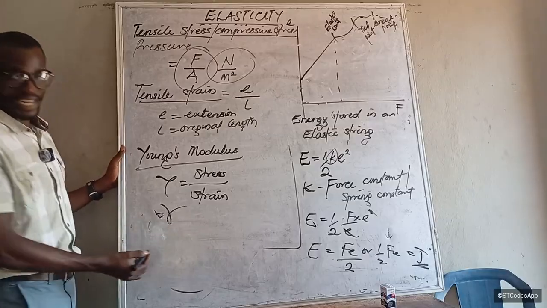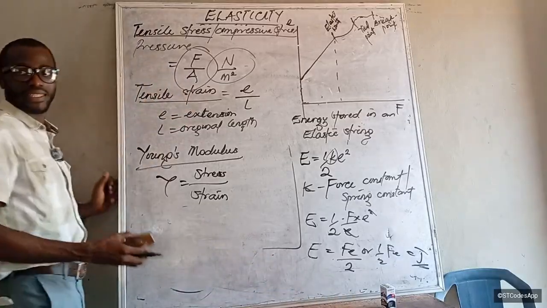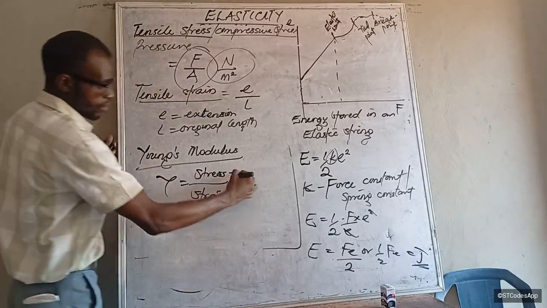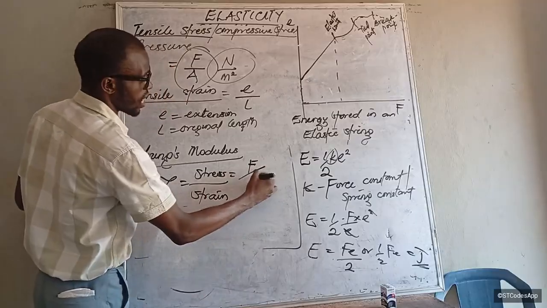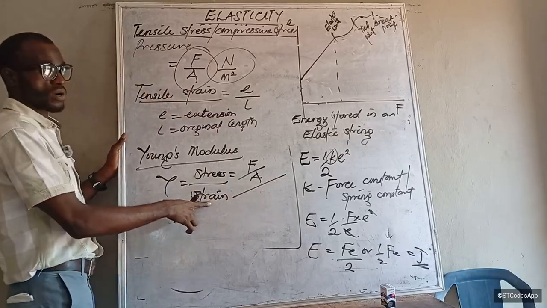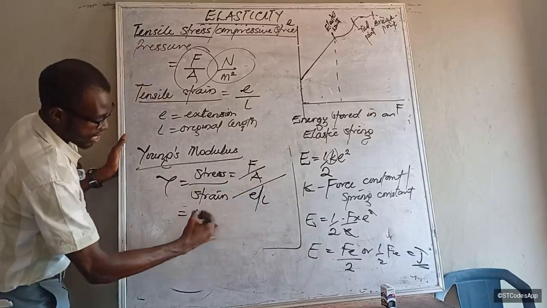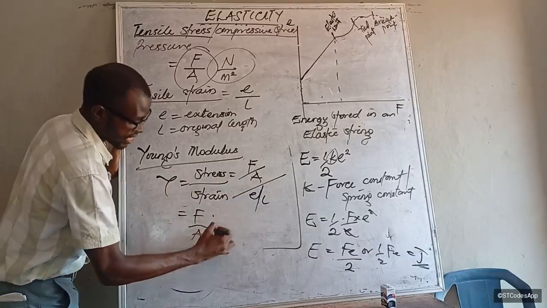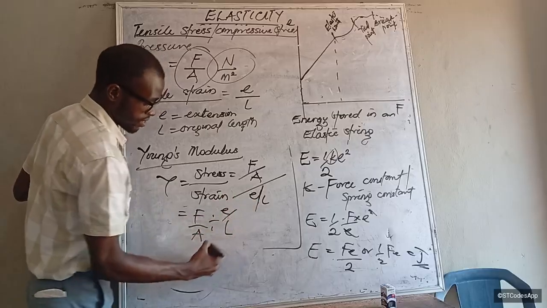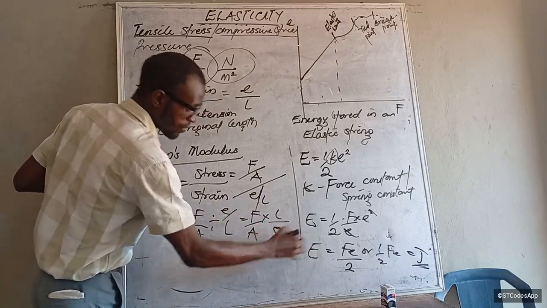Something like this, I write mine like this. What is stress? Force over area. What's strain? Extension over length. So it becomes F over A divided by e over L, which is equal to F over A times L over e.